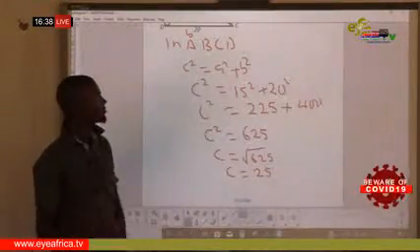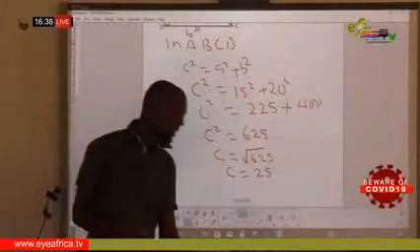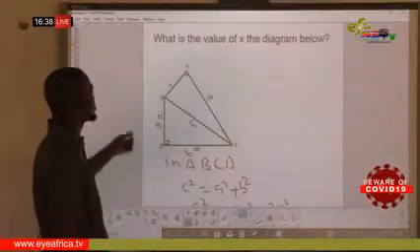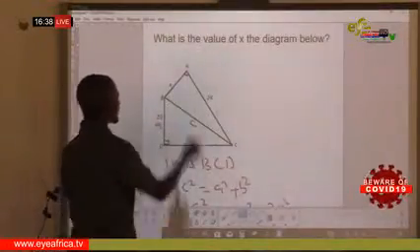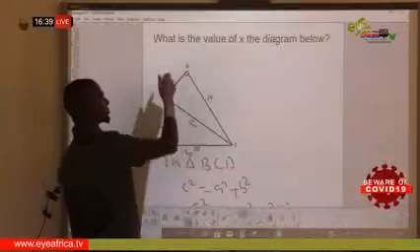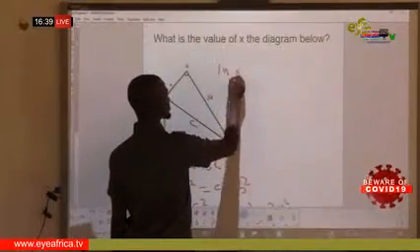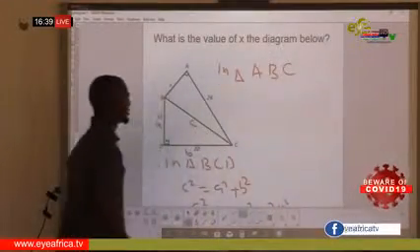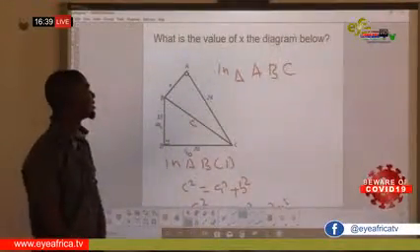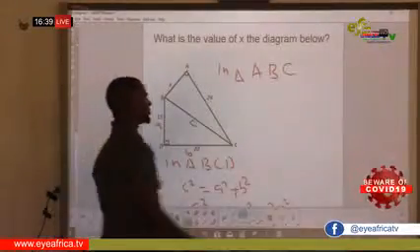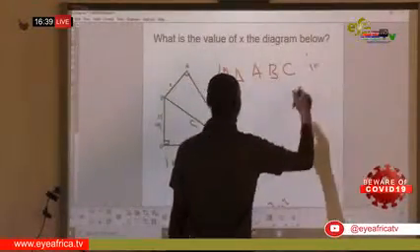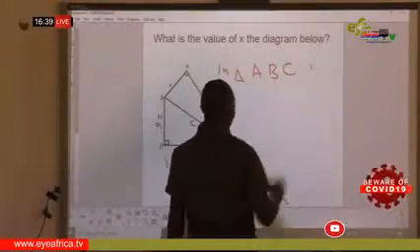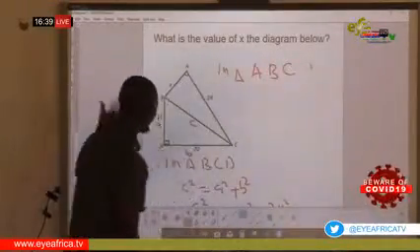But what are we asked to find? We are asked to find x in the diagram. And how do we get x? We have to use the other right angle triangle. Now this other right angle triangle is triangle ABC. In triangle ABC, it's a right angle triangle, you know. So we apply the formula.